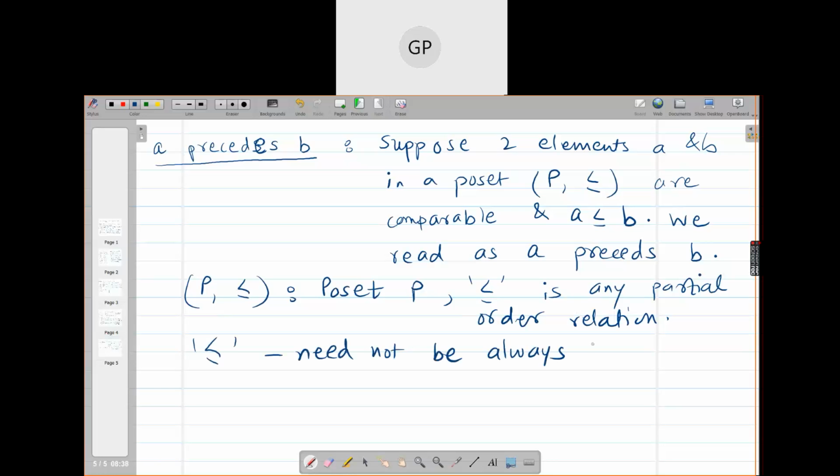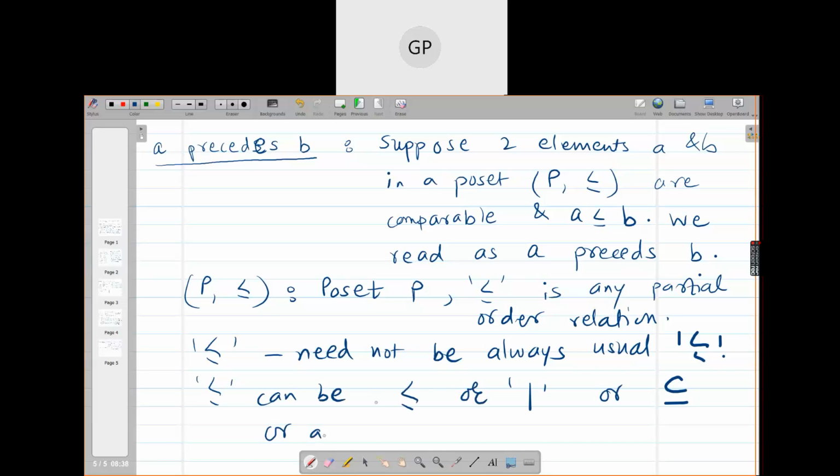Less equal can be less equal or divides or contained in or any other partial order relation. Do you understand what I am saying?